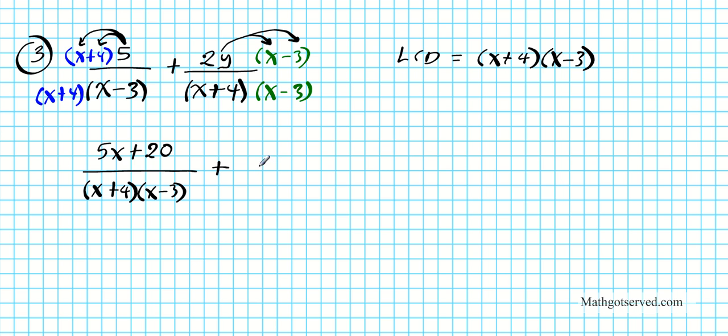We'll have plus 2xy minus 6y, and that whole thing divided by x plus 4, x minus 3.